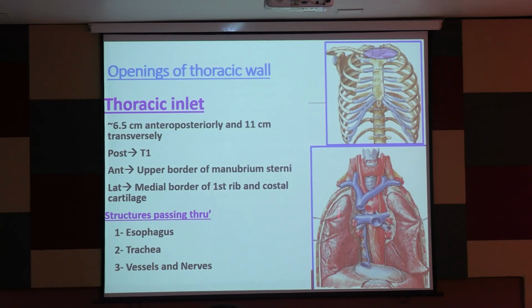From the heart we have blood vessels coming out and getting in as well: the superior vena cava, the arch of aorta and the branches of the arch of aorta, and the nerves, a number of things passing through. So this is in short about the thoracic inlet. This much basic knowledge about the boundaries and the contents getting in through the opening of the thoracic wall, the superior thoracic aperture, also known as the thoracic inlet, matters to us.